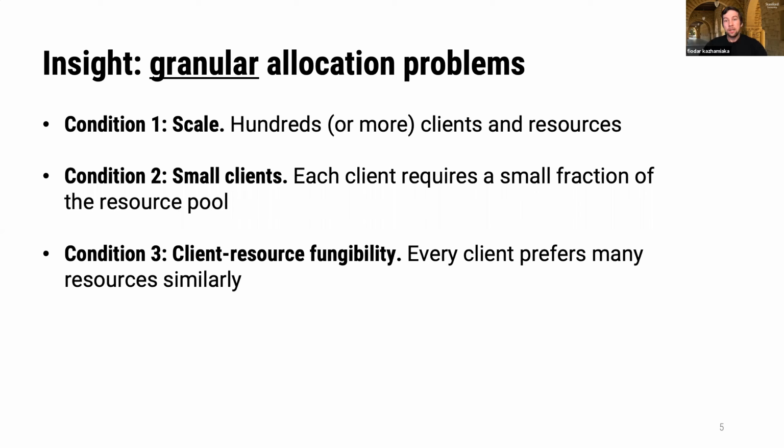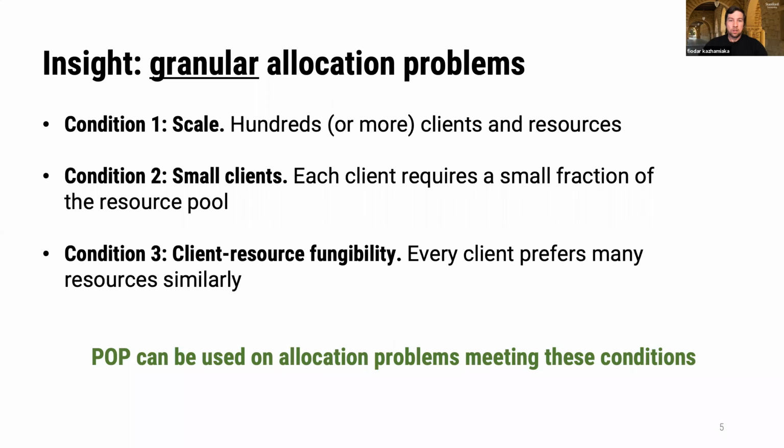This often goes hand in hand with scale, and each client can use only a small fraction of the available resources. The third condition is fungibility. For every client, there are many resource instances on which they get similar utility. For example, a GPU cluster will have many identical GPUs, and a client doesn't prefer one over another. POP exploits these conditions to quickly compute good allocations.